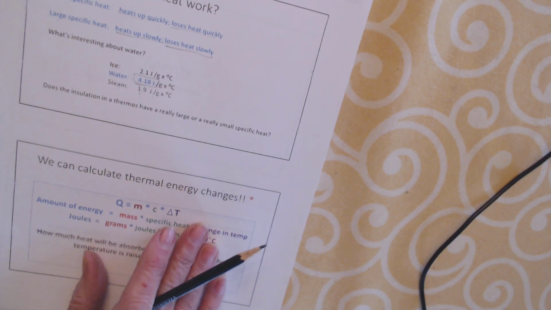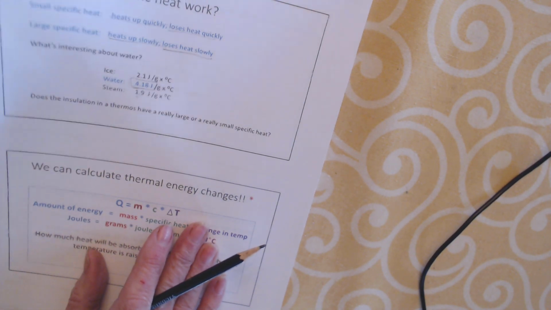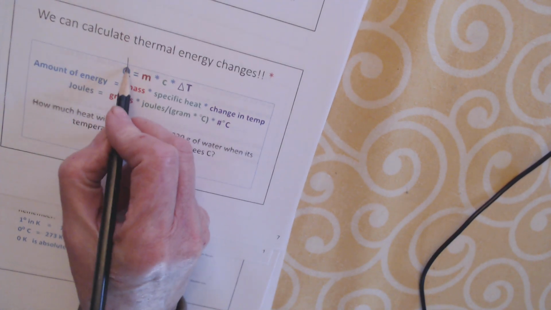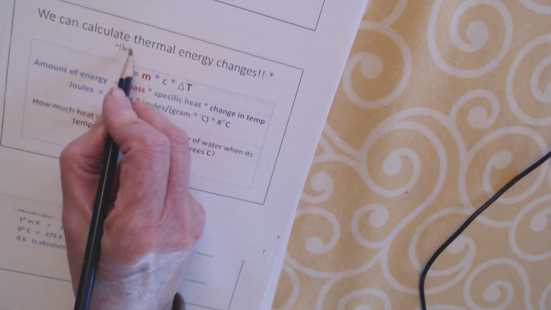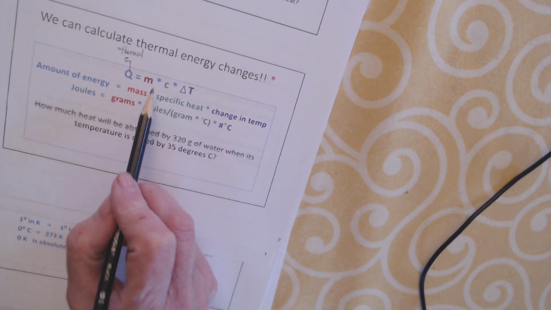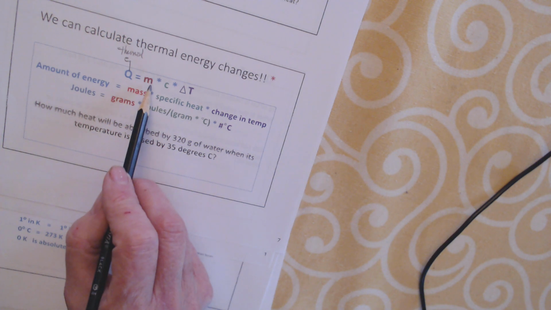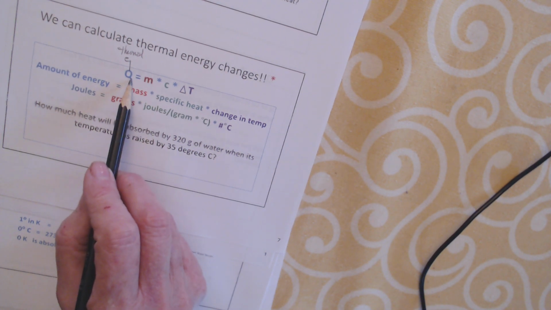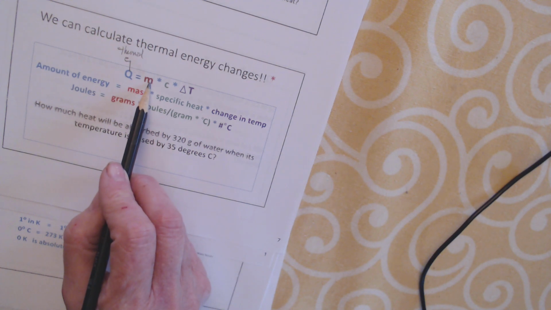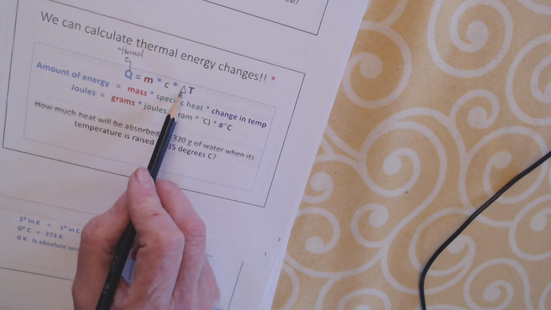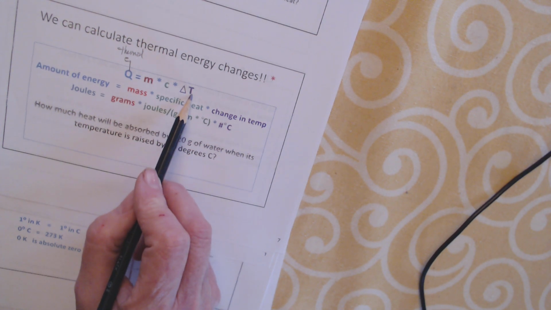All right, next, let's go on to how we calculate things. Remember Q, we said Q is thermal energy, right? And then we've got mass. This makes sense: the thermal energy an object contains is figured out by the mass of the object, the specific heat of the substance it's made of, and whatever change in temperature has occurred.